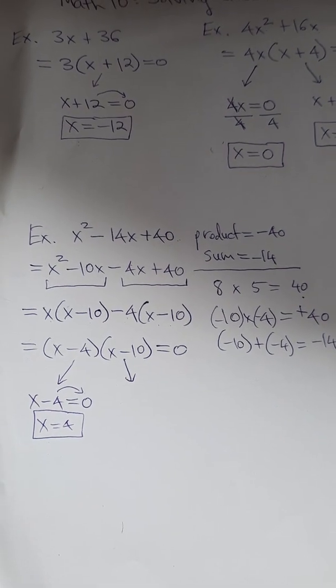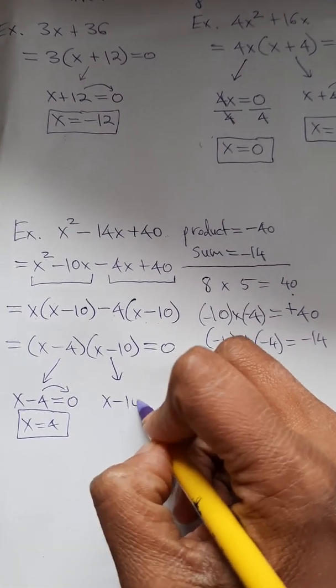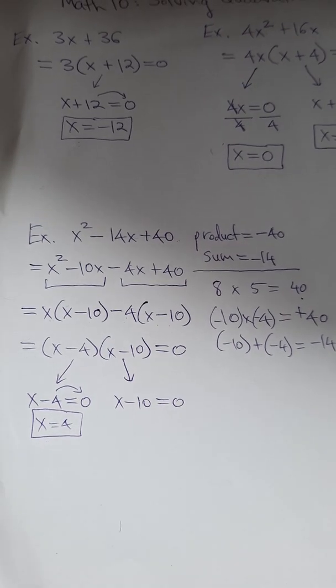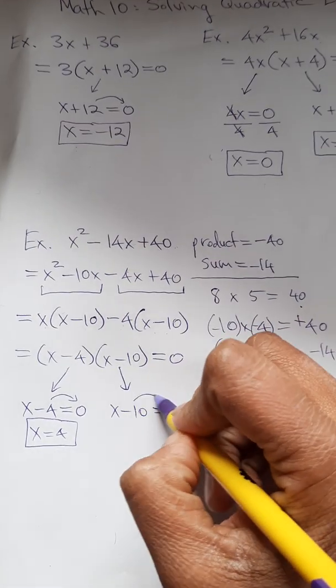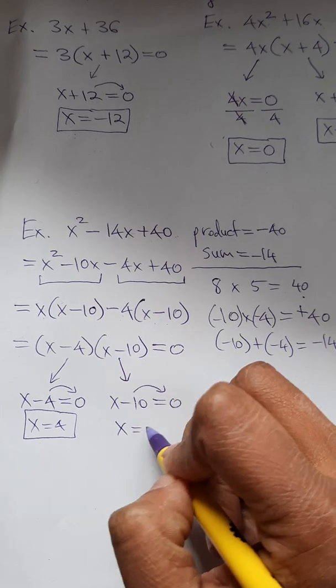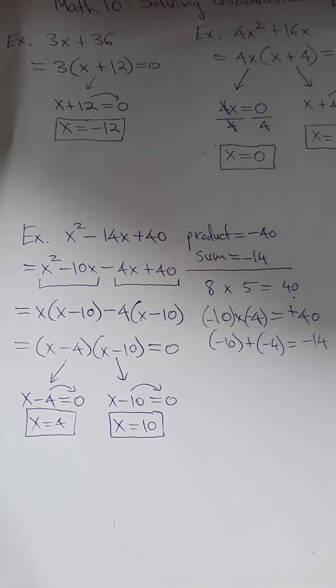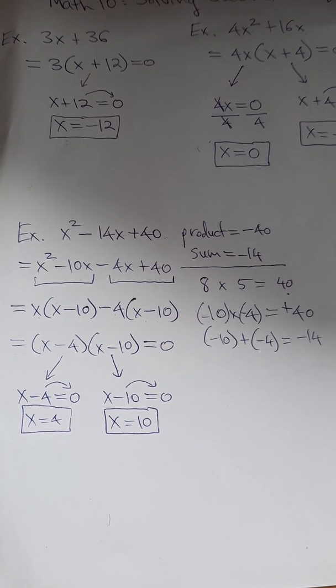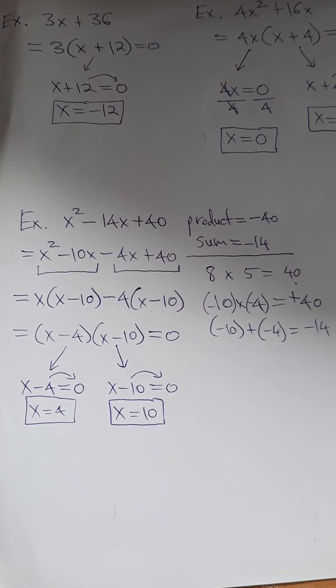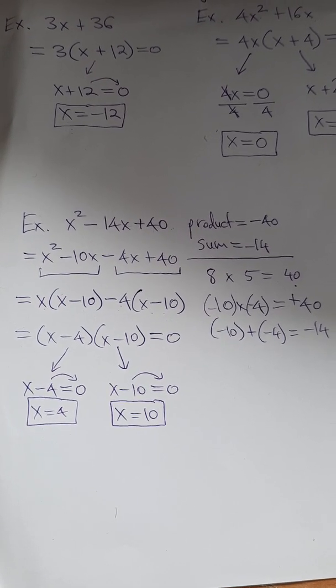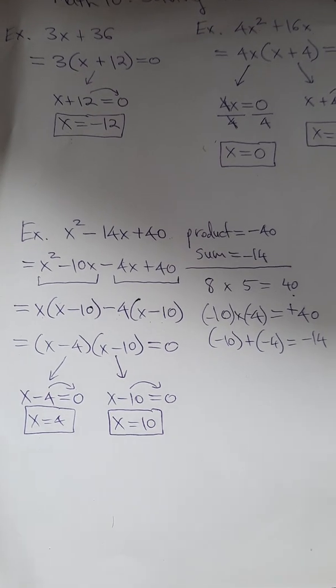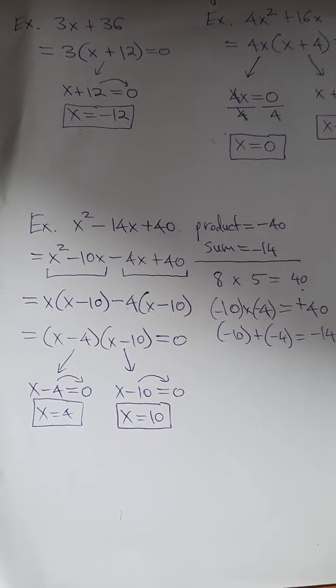And the second one is going to be x minus 10, which is equal to 0. I'm going to take this negative 10 to the other side, change the sign, and you see that x is equal to positive 10. Does everyone see that? All right, good. And those are my x-intercepts here, as you're solving the equation.